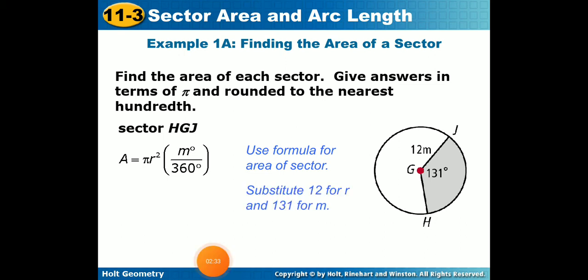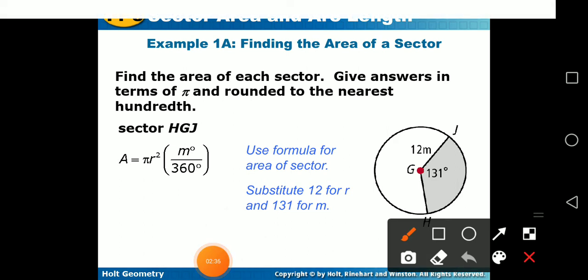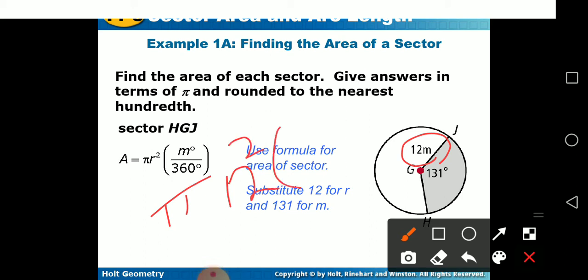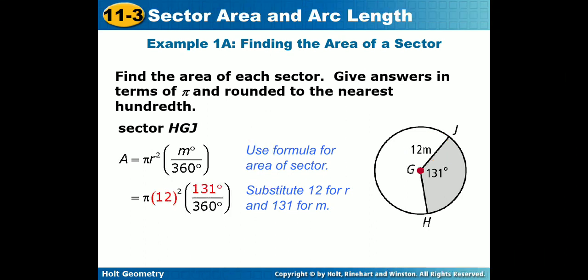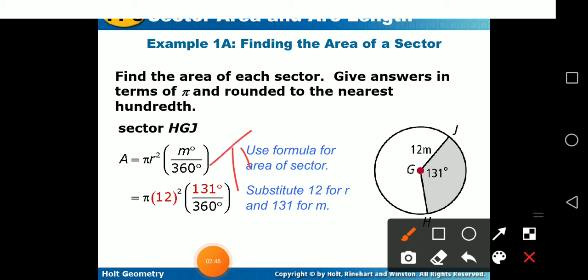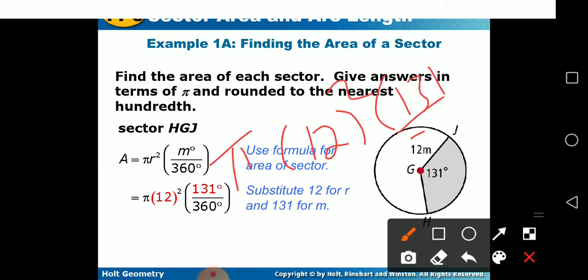Substitute, guys. Substitute the r, the radius, and pi will be the same. The radius will be 12 squared, and the measure of the angle is 131. Pi r squared, where r is 12, times 131 over 360. It's very easy, right?